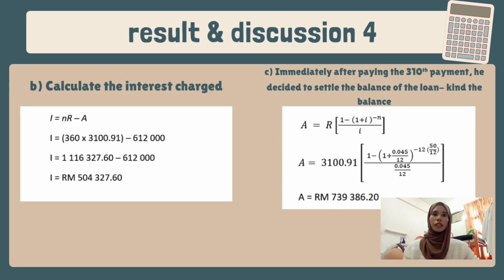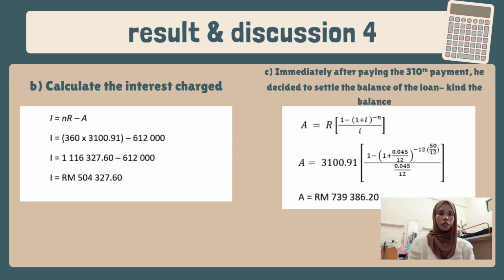And for R, we already found it in question A. So we need to solve the value in the bracket first. The answer in the bracket is 1,116,327.60, and we need to minus 612,000. So the answer for I is RM 504,327.60.